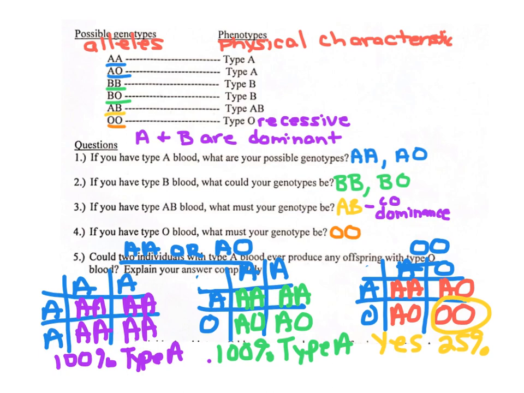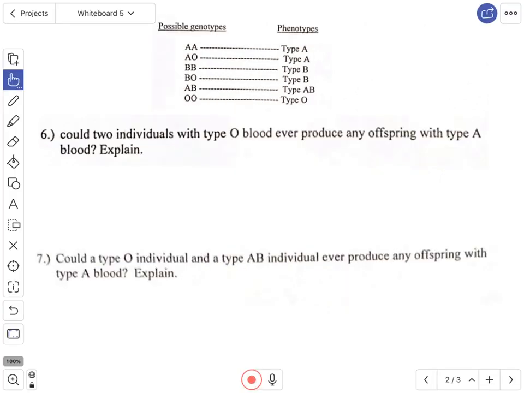If we breed two heterozygous, which means they both have to be a carrier for the type O blood. All right, this time I'd like you to go ahead and do number 6 on your own. You can pause the video and then come on back. Be sure to use claim, evidence, and explanation in giving your answer by providing Punnett squares to show your work.